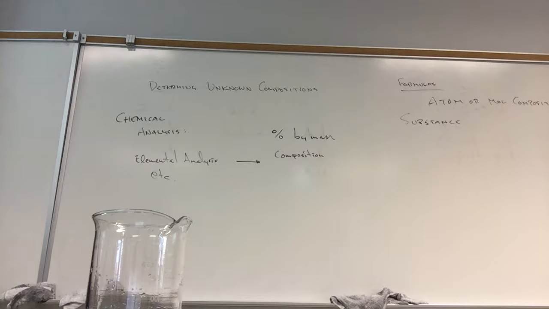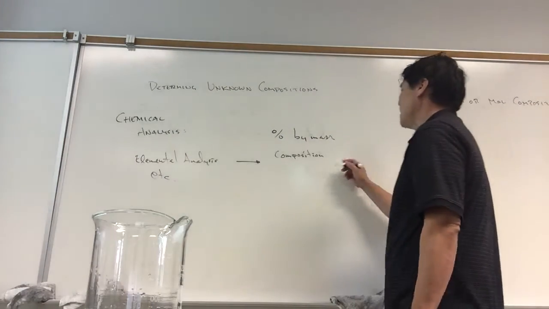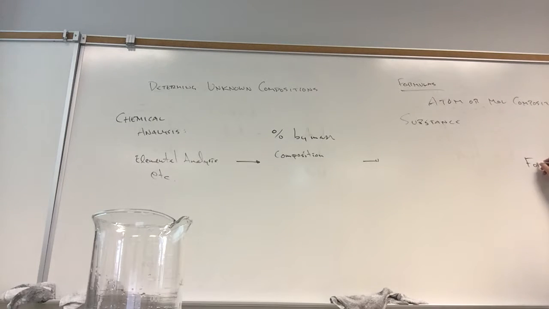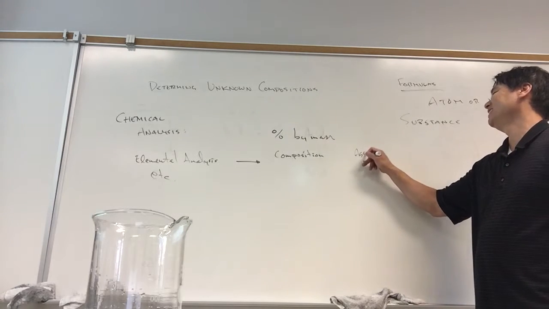But if we do it by atoms, then it becomes nice whole number ratios, according to the law of multiple proportions. So what we do is we convert the percent by mass composition into a formula over here. A formula is a mole or atom ratio. And so the typical steps is you assume 100 grams.